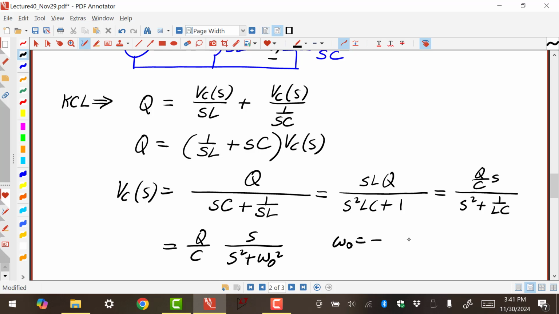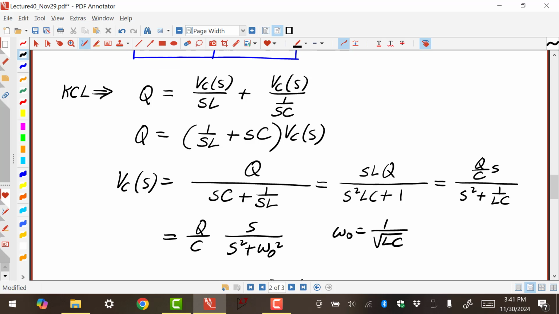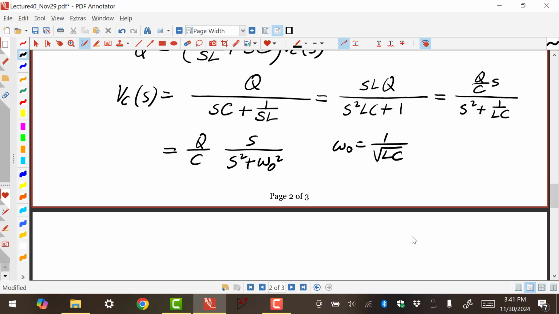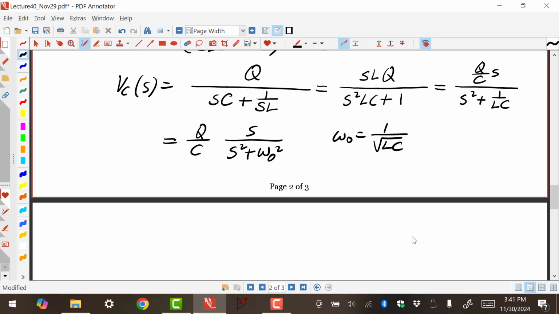Omega naught, again, by definition, is 1 over root LC. It appears in so many places. So let me write this one more time down here: VC of S is equal to Q over C times S over S squared plus omega naught squared.